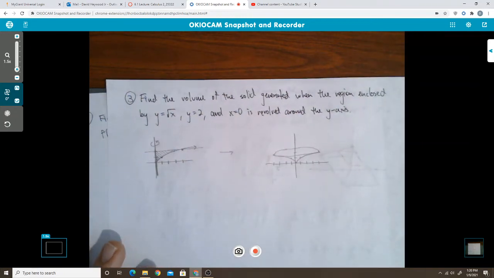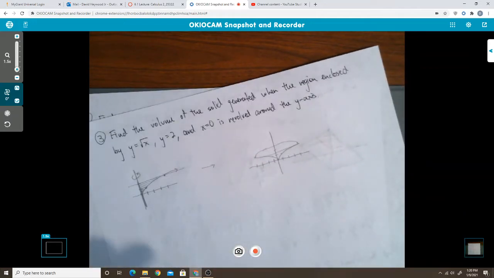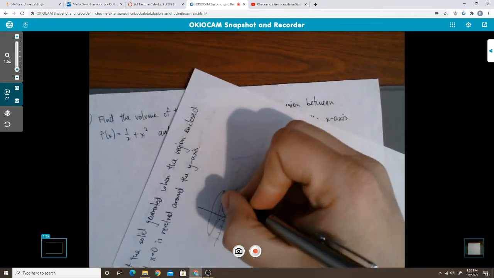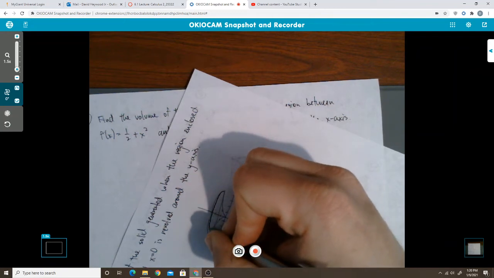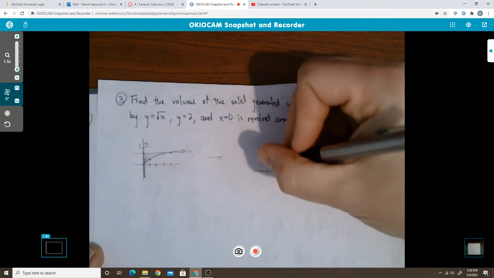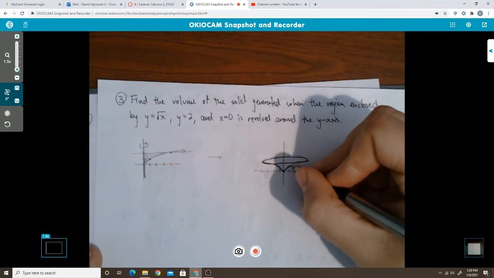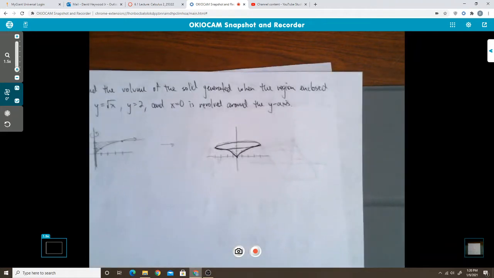When we do the revolutions. Okay, I could have done a better job. Let me redo it in pen. But yeah. I don't know if this is any better as it turns out, but hopefully you get the idea. Right? There's the solid that we get.